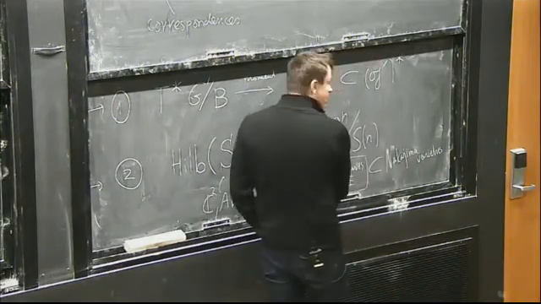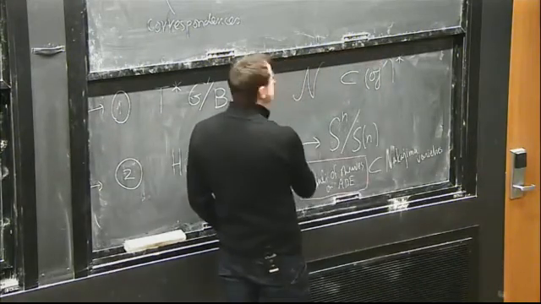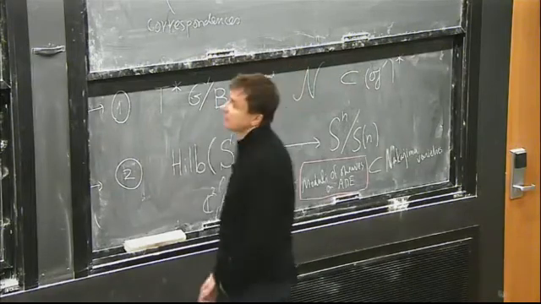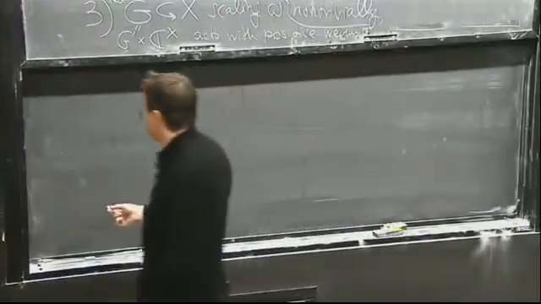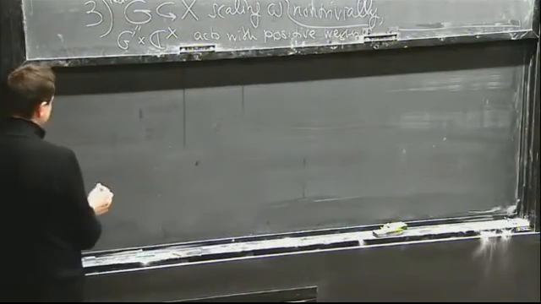This is why geometers are particularly interested in studying rational curves in these varieties. Maybe I'll draw this picture here. Naively, what's a rational curve?